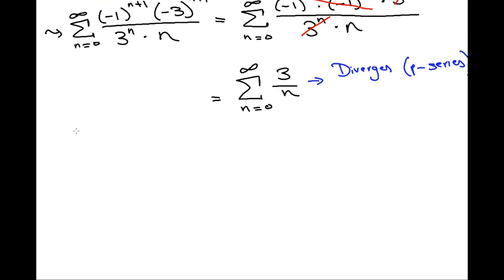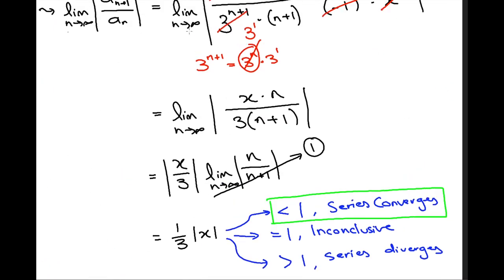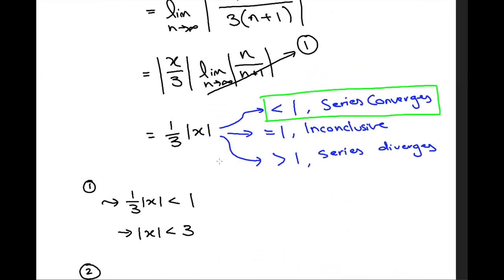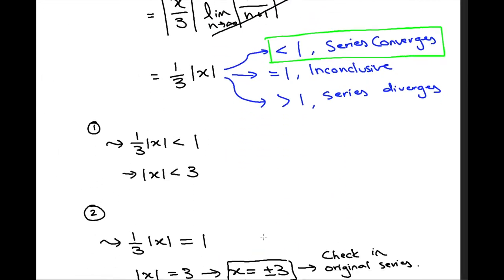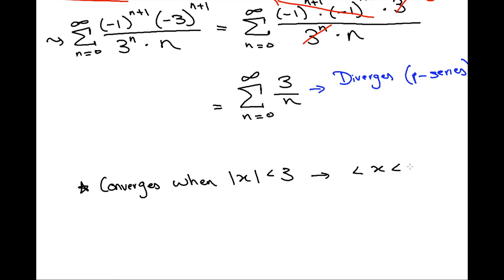Well, if we put all this together, I know we've come quite a long way since we were up here, right? So if we put all this together, what we've got is that the series converges when the absolute value of x is less than 3, or in other words, it converges when x is between plus or minus 3.